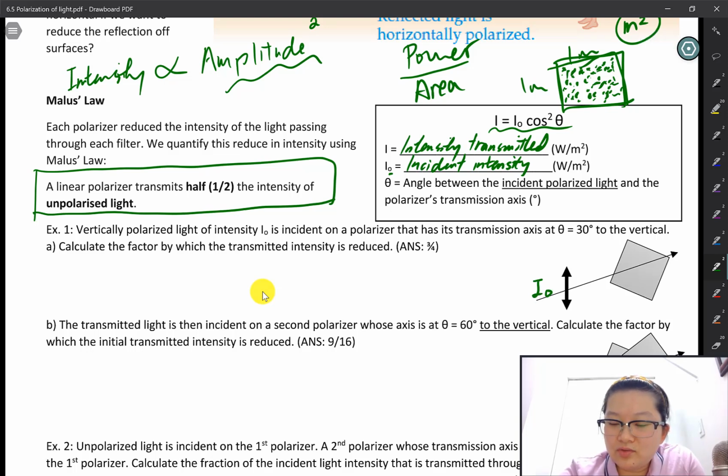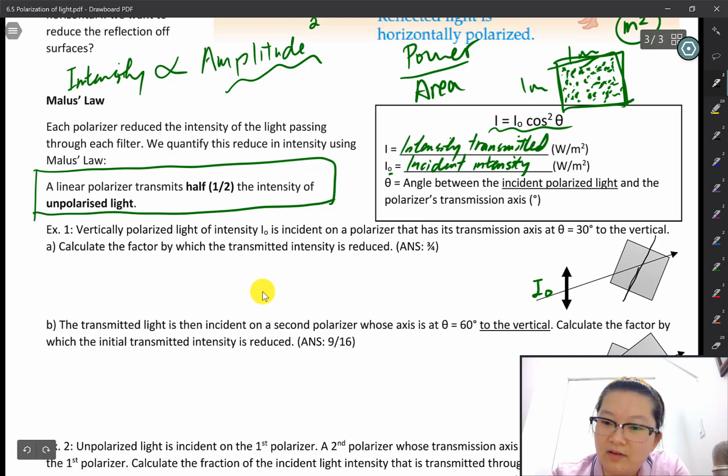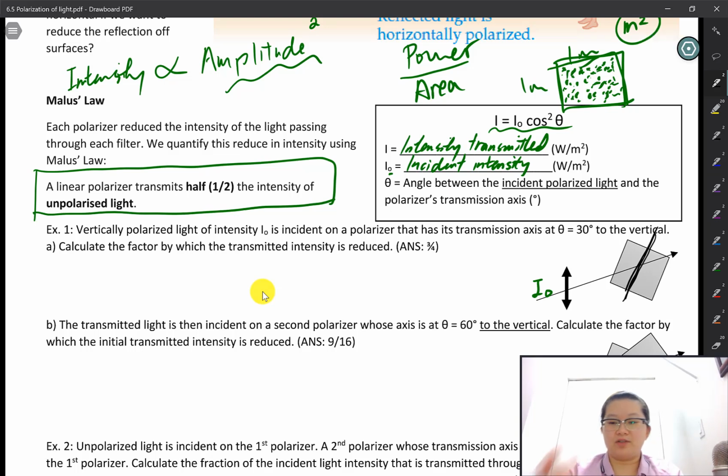And this polarizer is angled. Its transmission axis is the axis along which the polarizer allows light to pass through. So if this is making 30 degrees with the vertical, it would be like this. It's off at an angle. So imagine for your polarizers, all the slits were aligned.